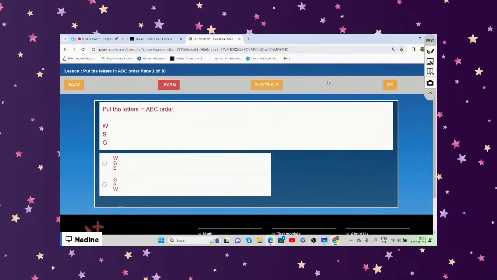So well done. Then we need to put these letters in the ABC order, which is W, S, G. We need to put that in the order of the A, B, C. Is it W, G, S, or G, S, W?